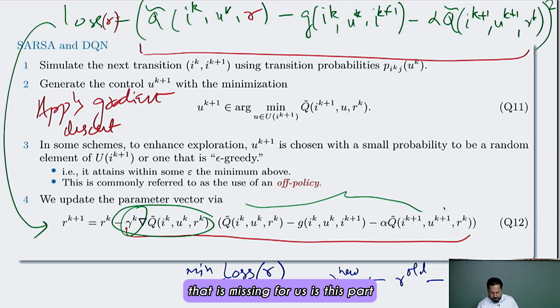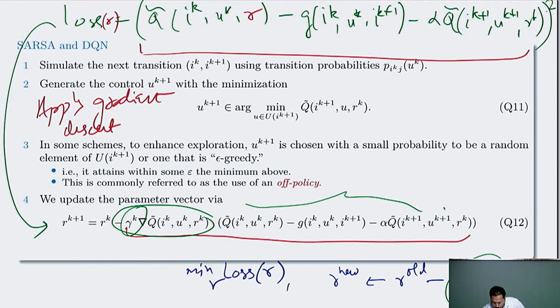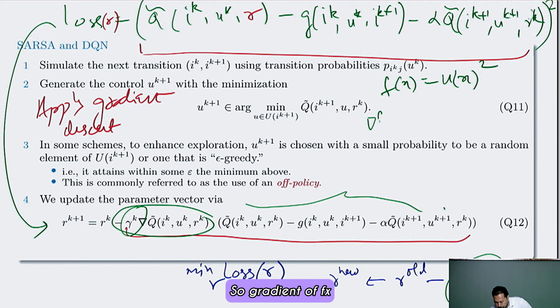Now the only thing missing for us is this part. What would be the gradient of the loss with respect to r? This is a square, and r_k is a constant. So f(x) is u(x) squared, and the gradient of f(x) is 2 u(x) u prime(x).